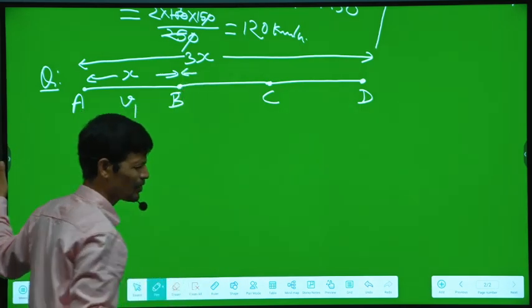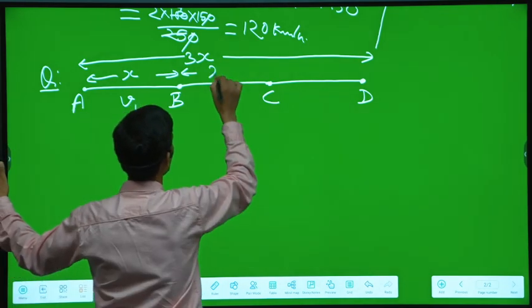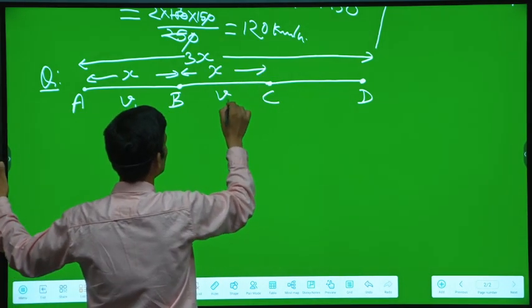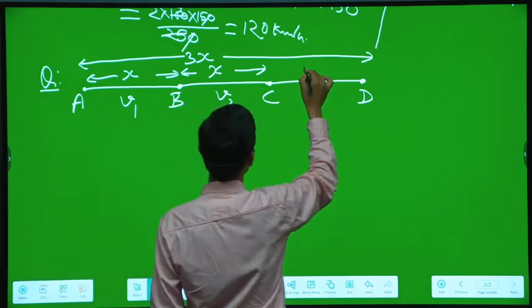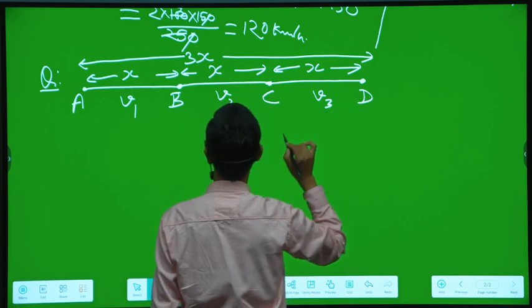In fact, we can use the term velocity also here, so nothing serious about it. This with v2 and the final with v3.